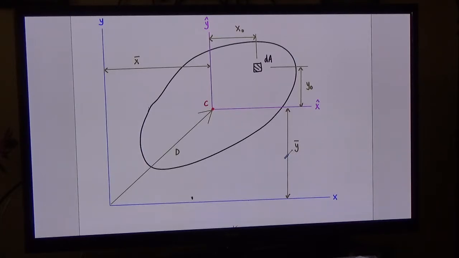So let's calculate the moment of inertia of the area about, say, the x-axis. Our normal equation, I about x, would be integral of y squared dA. So the y coordinate would be a combination of y bar plus y0 for the area.